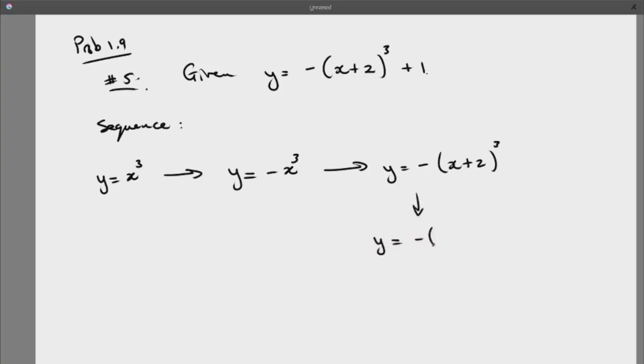Lastly, the one I want to leave until the end is adding 1 to the right hand side, and that will correspond to a vertical shift. Now, if you're not super comfortable with doing the graph transformations that fit that sequence, then take the time and practice. But since we have done that already, I'm going to leave that for now.